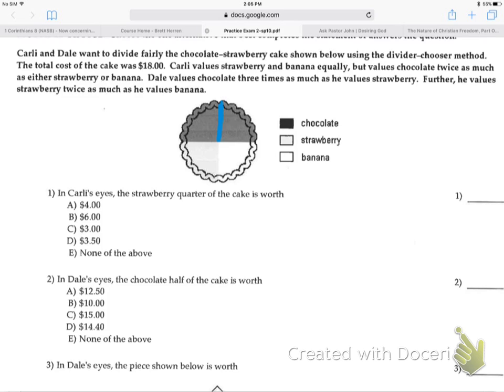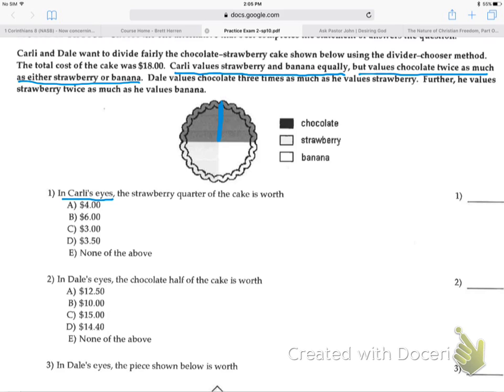Okay, so now, remember how we do these things where somebody says they like this better than that and better than the other thing? So talking about Carly, how does Carly feel? What does Carly say? Carly values strawberry and banana equally, but likes chocolate twice as much.